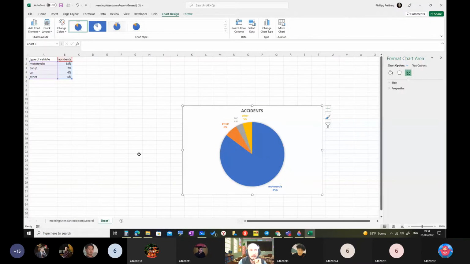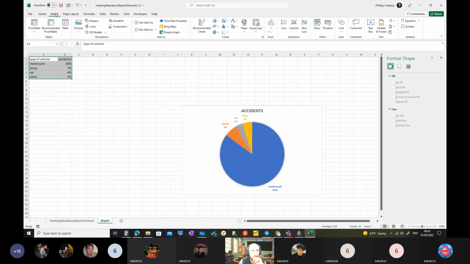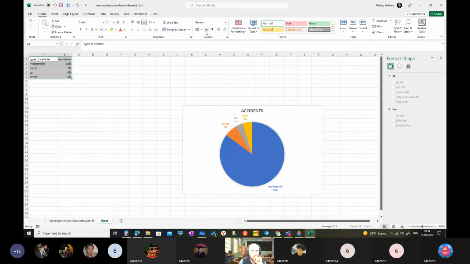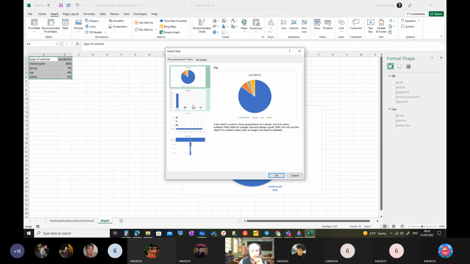So, again, in Excel, it's very easy these days to do graphs. You just select your data and then you do insert, and then you see what it's recommending, right?